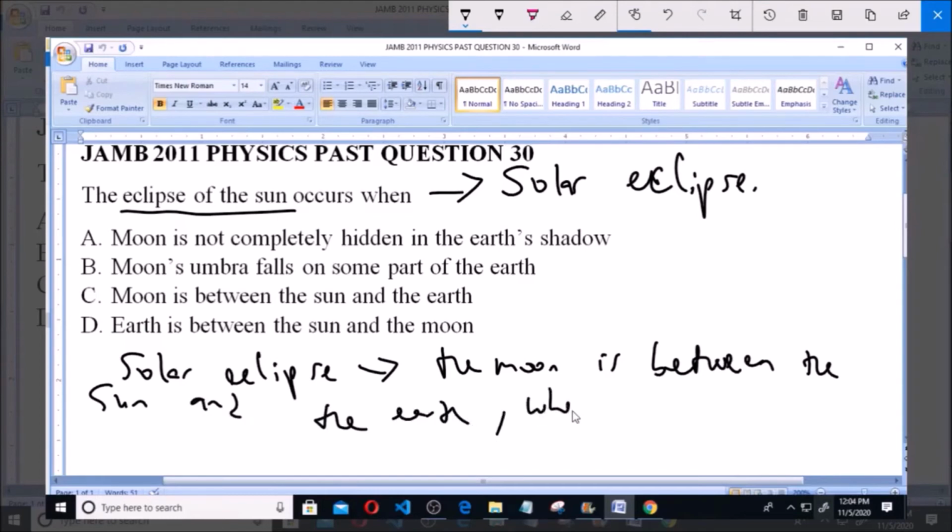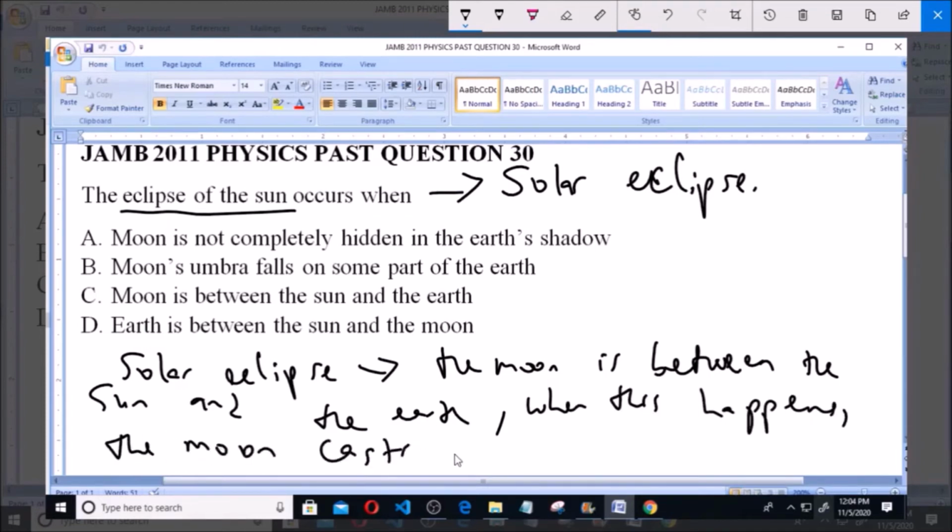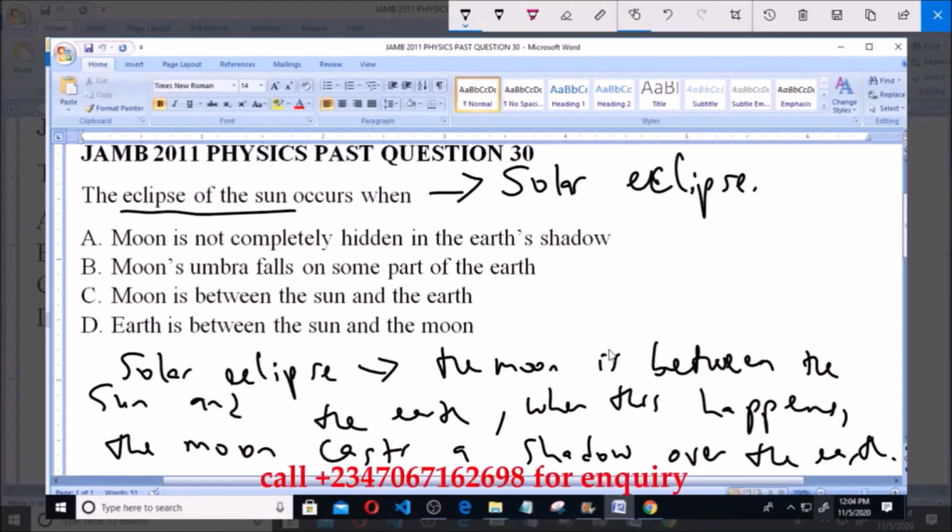When this happens, the moon casts a shadow over the earth. So it's usually associated with sudden darkness, like in the day, during the afternoon you just see a sudden darkness.